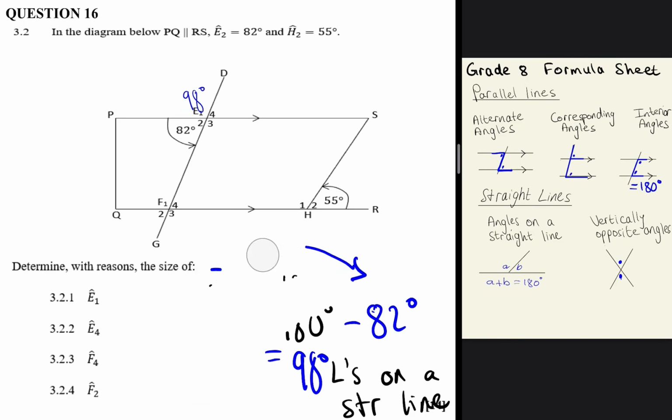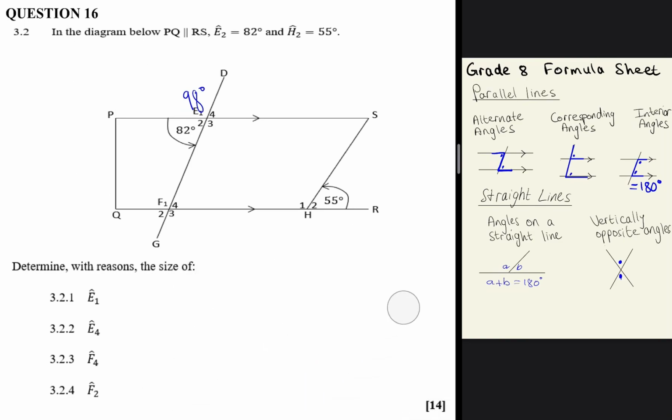Right, let's see the next one that you have to work out. The next one is E4. So where's E4? Let's find that one. E4 is this one over here. There you can already see it's another rule we can use, vertically opposite angles. Why are we using vertically opposite angles?